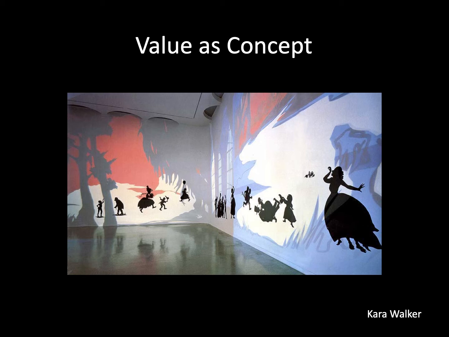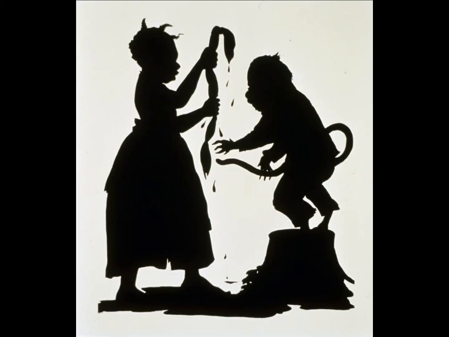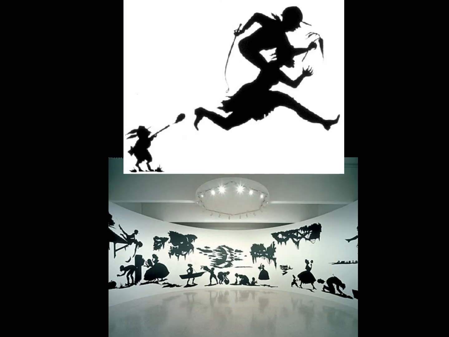But Kara Walker is one of the more controversial contemporary artists in the way in which she uses shadow to talk about race and some of the racial trauma that has happened in our country's past. A lot of the works are very disturbing, and they're not disturbing because they're necessarily explicit, but that as you look closer and closer to the imagery, you start to see very disturbing things.